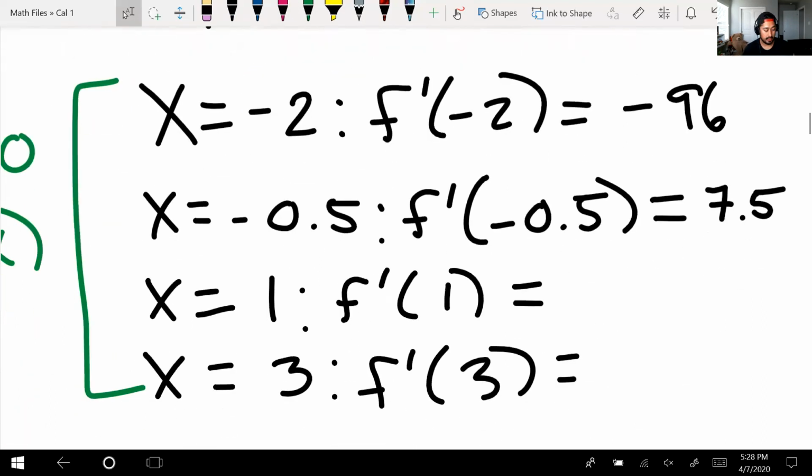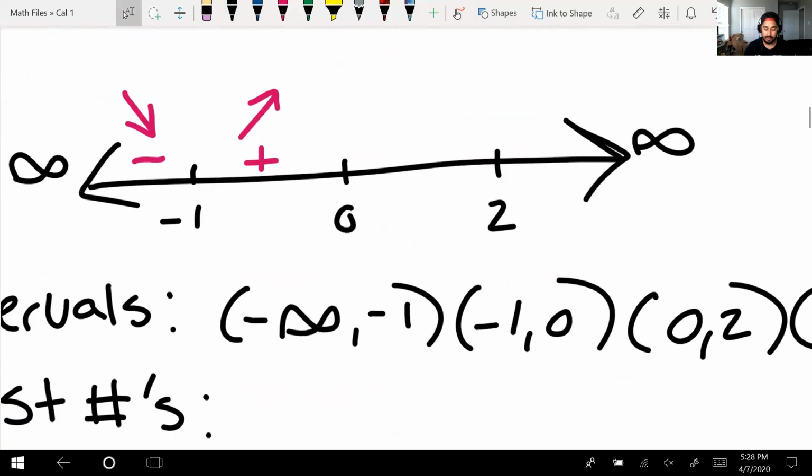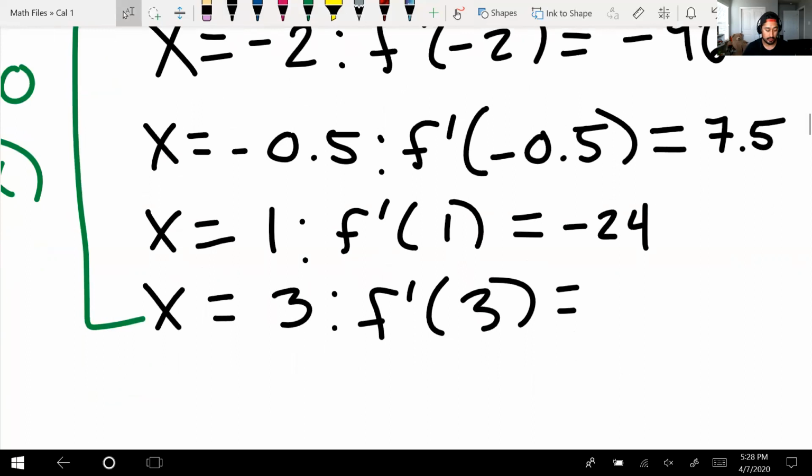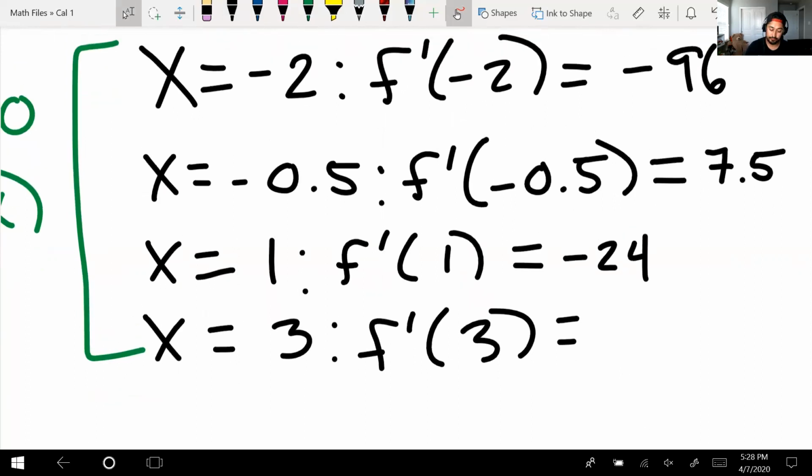Let's keep going. Type in 1. I get -24. Come back up. On 0 to 2, I got a negative output, which means the first derivative is negative, which means the original function is decreasing. Now, last number. Type in 3.